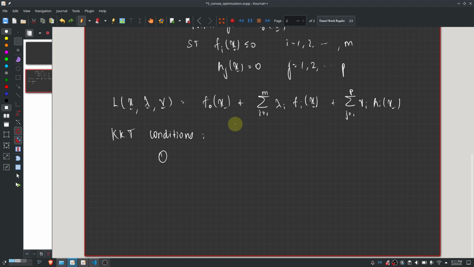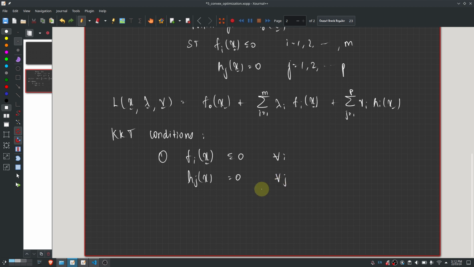And the KKT conditions basically say the following: each of these constraints needs to be satisfied. So f_i of x should be less than or equal to 0 for all i. h_j of x should be equal to 0 for all j.